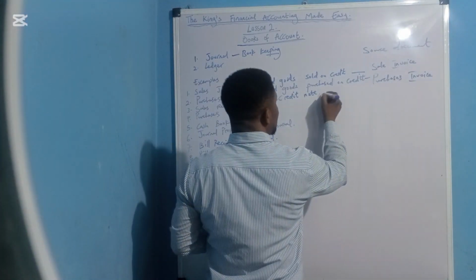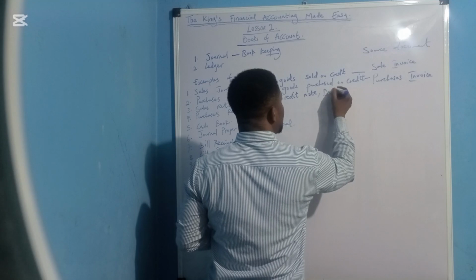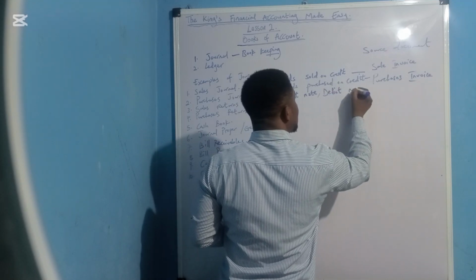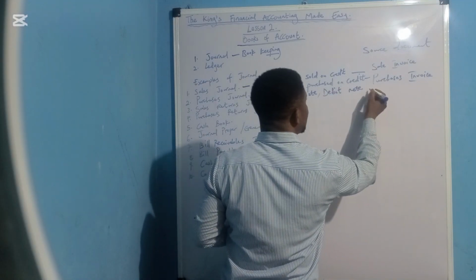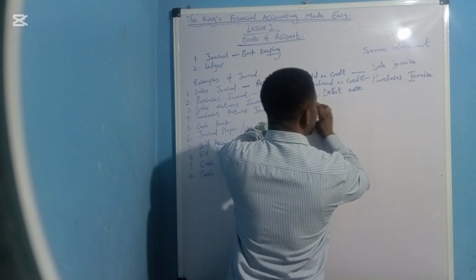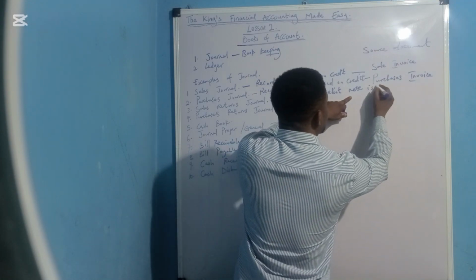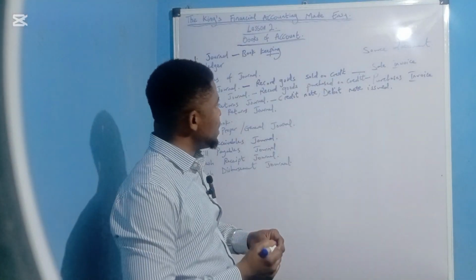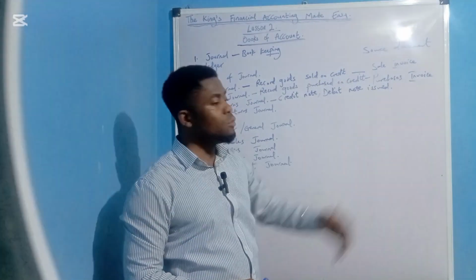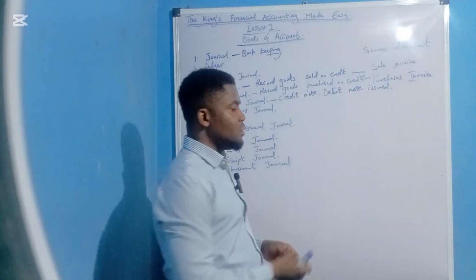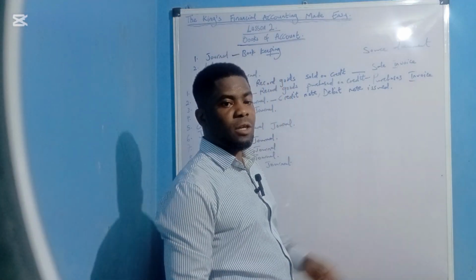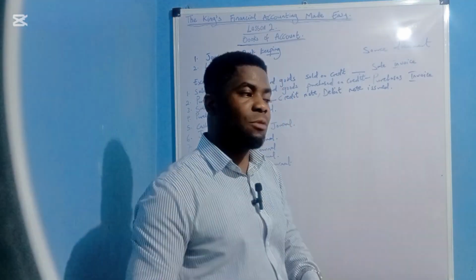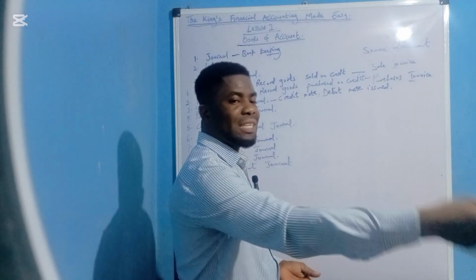Then again, you can also use debit notes. Credit note issued, debit note issued. A debit note is used when you have sold goods to a customer and the amount you have put there for the customer to pay is less than the amount he or she is supposed to pay. That is an undercharge.